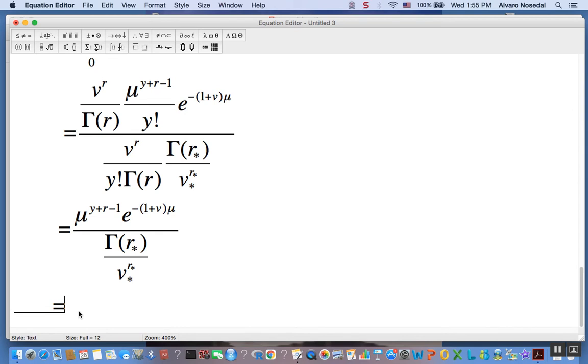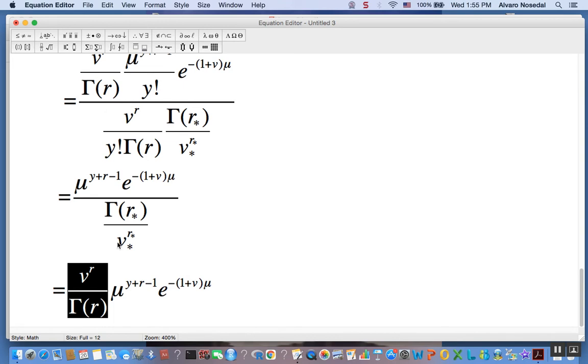So we have this, and this is the same as this, but we will have v stars and r stars instead. Make sense?